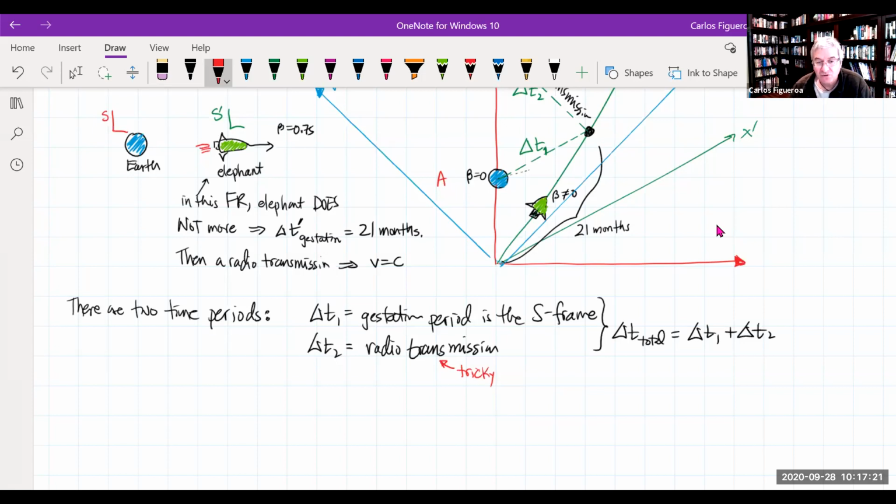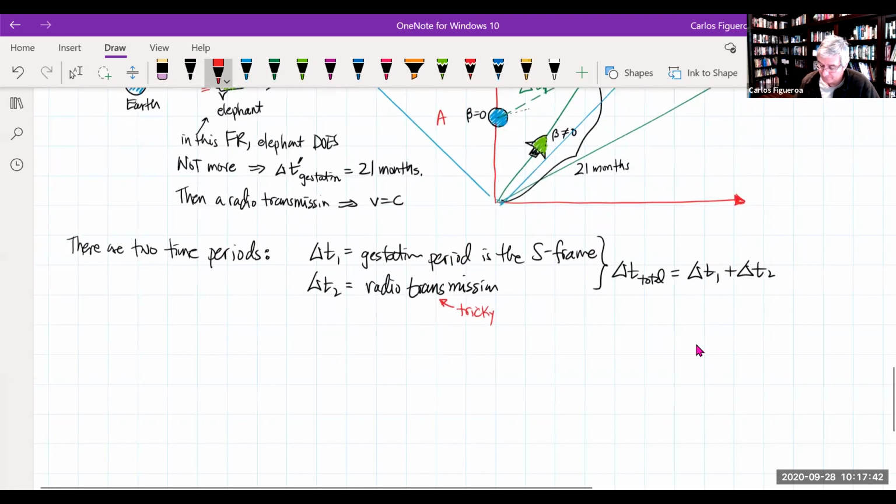You cannot do that with the birth of, when the rocket takes off, because the Earth is moving simultaneously, and when the radio transmission occurs, the Earth continues to move through that period. That's the thing we really have to pay attention to. So let's go calculate 1 and 2 here.